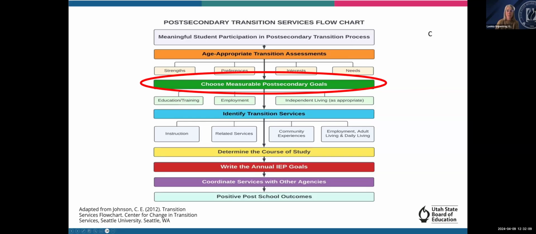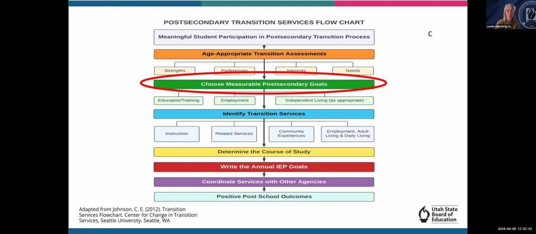If you remember, a few weeks back when we talked about my intro to transition as a whole, and also talked a lot about transition assessments, I presented this same colorful flow chart for you. That's really to emphasize that everything on the transition plan, which is embedded in the IEP, is not just a form to fill out, but it truly is a process.